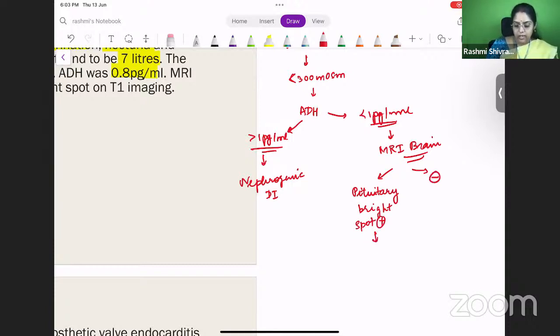If it is present, then it is primary polydipsia. If the pituitary bright spot is absent, then it means that it is central diabetes insipidus.